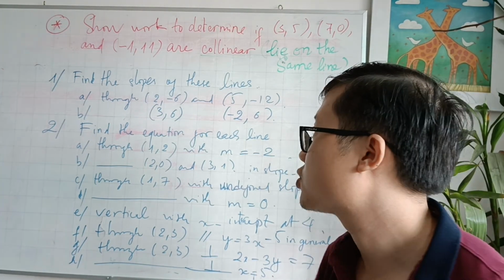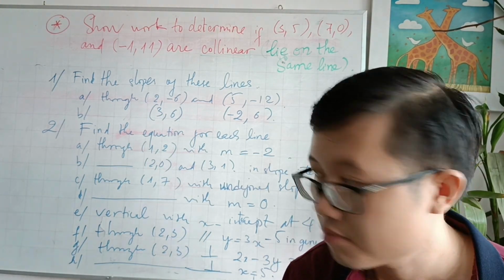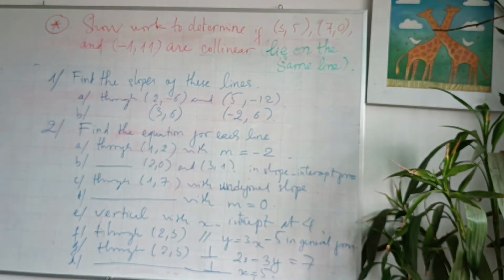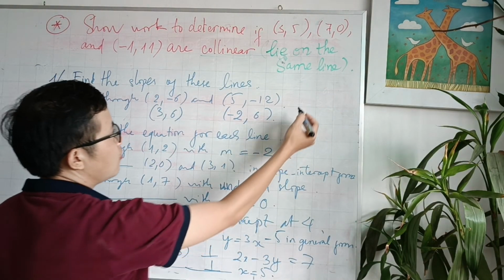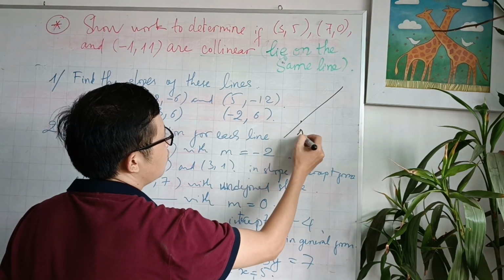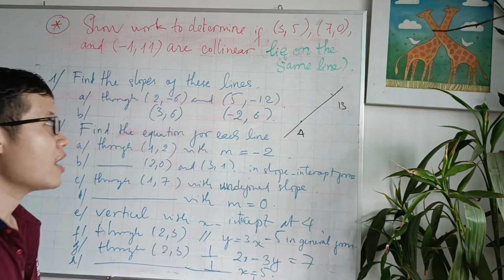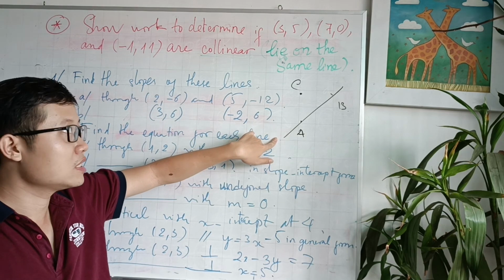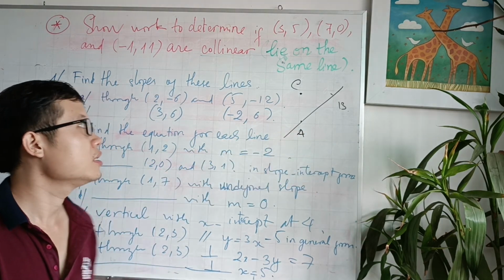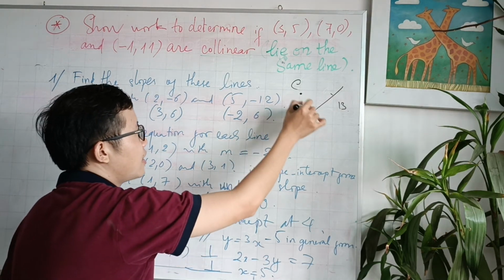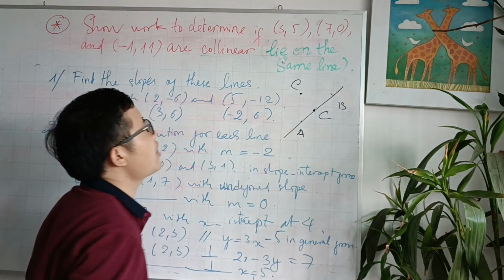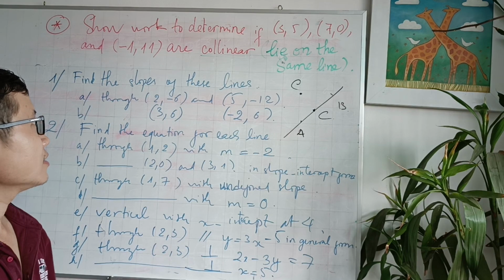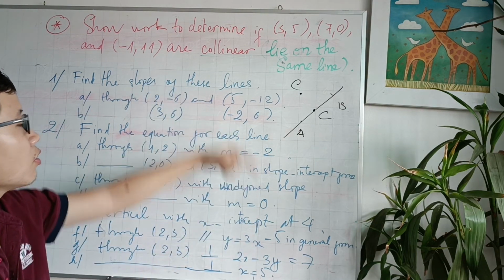Two points lying on the same line is very easy, because when I taught you in the opening of our lessons, when we define the line, we must have 2 points A and B. But then we have another point C. When C lies on the line AB, the 3 points A, B, and C are lying on the same line, so we call the 3 points collinear.